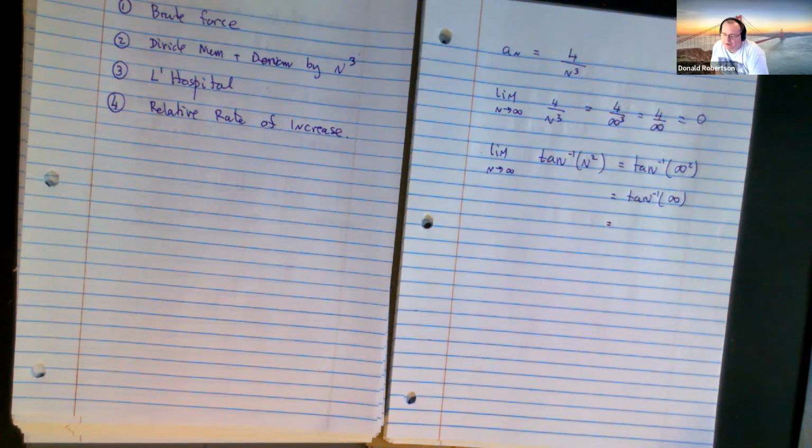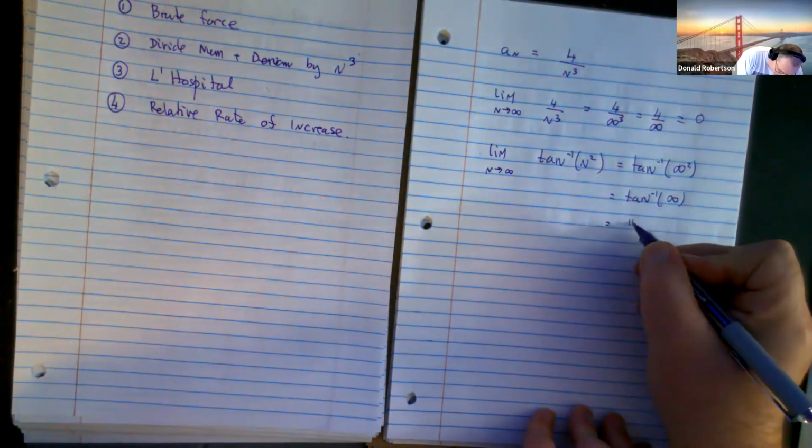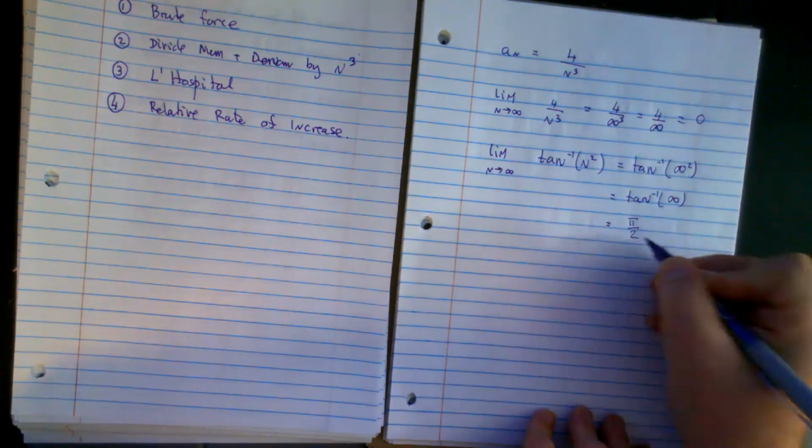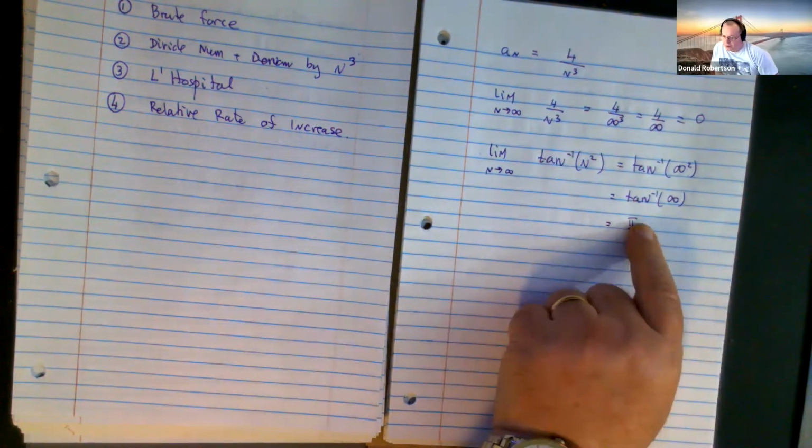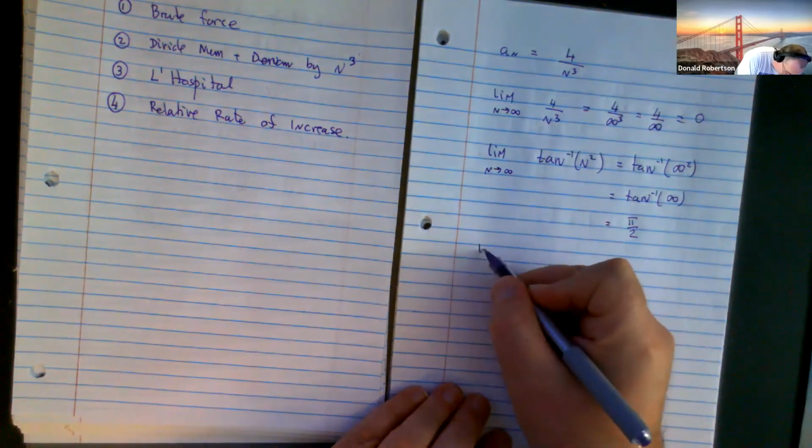Right? The inverse tan of infinity is what angle in radians would you get an infinite tan? You know how the tan function zooms up the way. What value makes that happen? What angle in radians makes that, the 90 degrees? And what do you call that in radians? Half pi, or pi over 2. So that one converges. Let me do one last one.